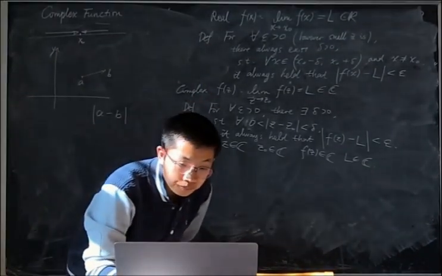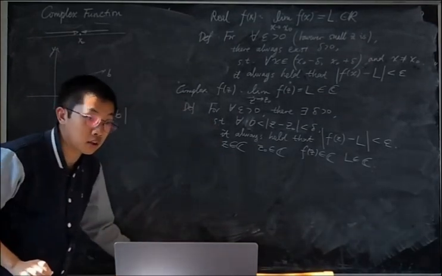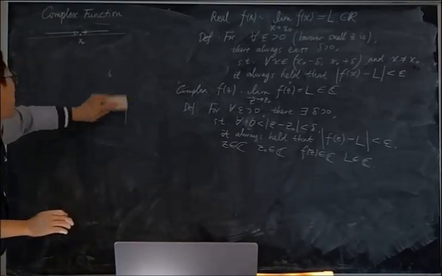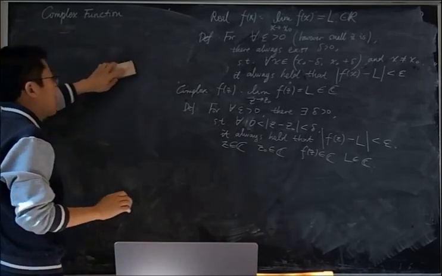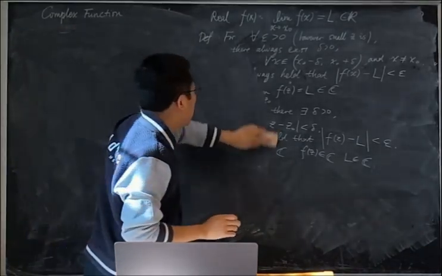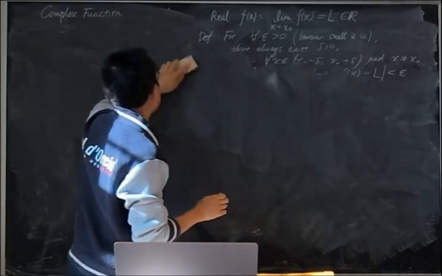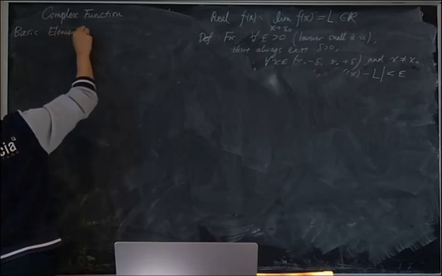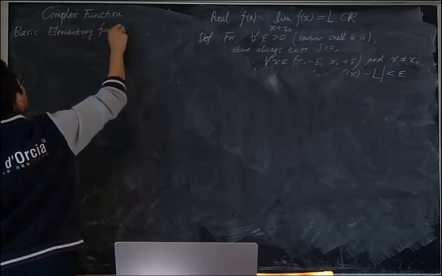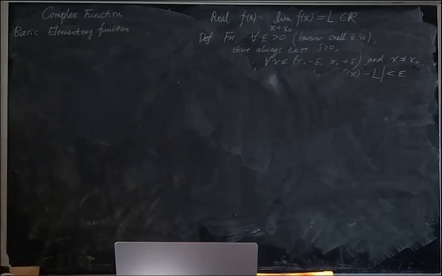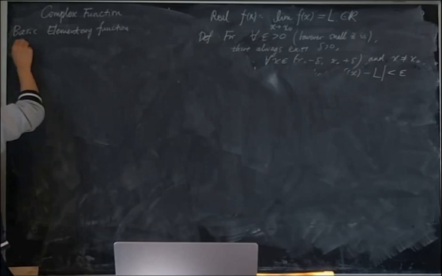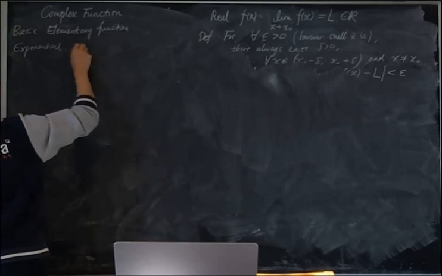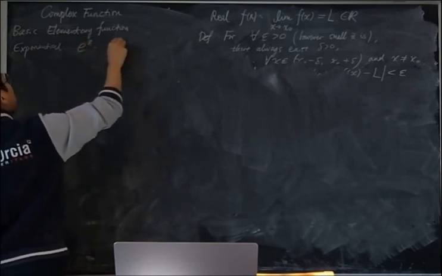Okay, so now think about some very common complex functions, like the basic elementary functions. For example, we could have exponential, like e to the z, or maybe something to the z.